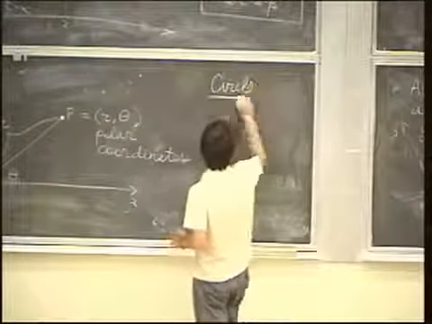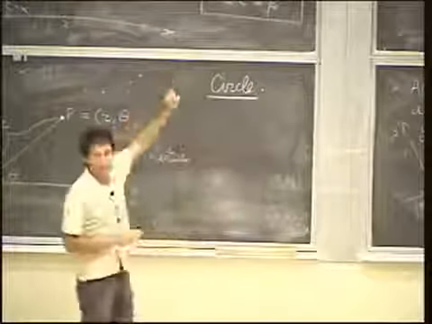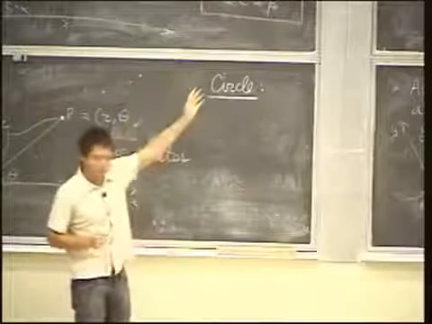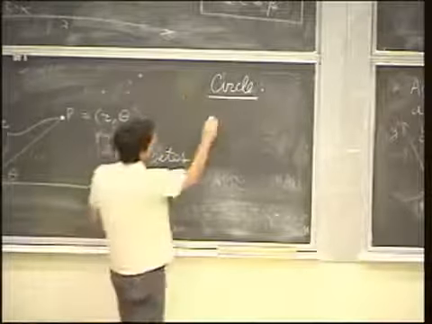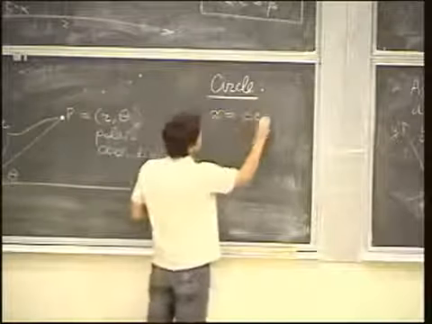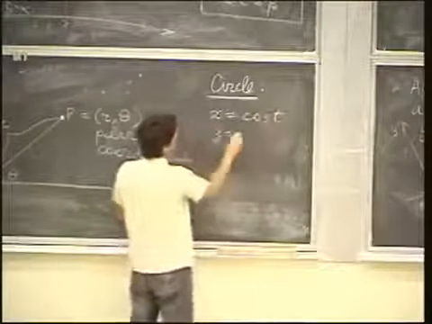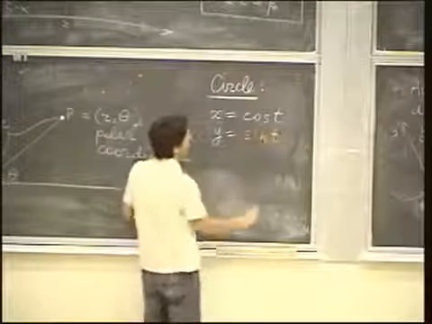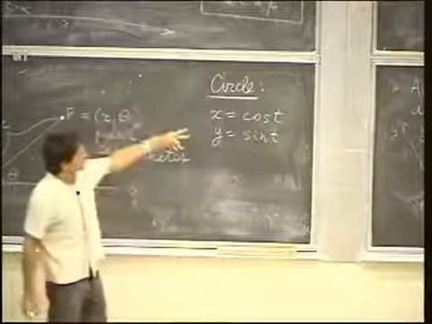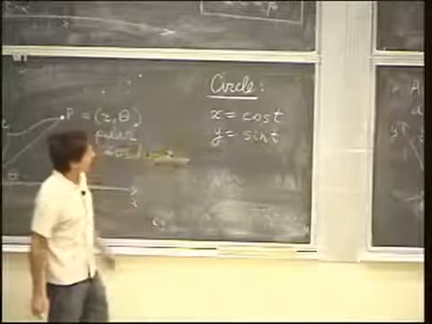Circle, I recall, can be parameterized using the traditional Cartesian coordinate system in the following way. We write x is cosine t and y is sine t. That's not too bad, but see, we are using two trigonometric functions.